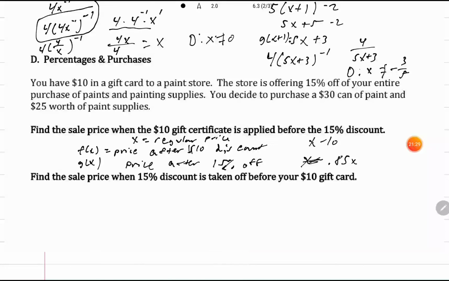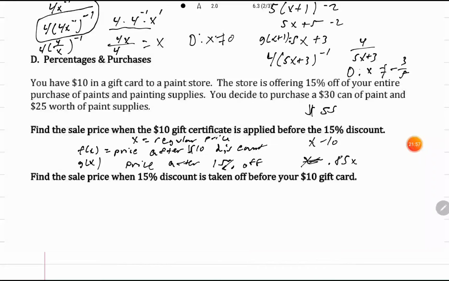So the sale price, what are we doing first? So our total price is $55. That was from the $30 can of paint and $25 worth of paint supplies.